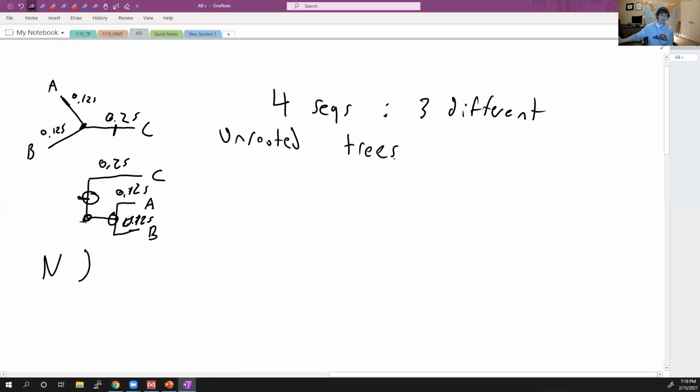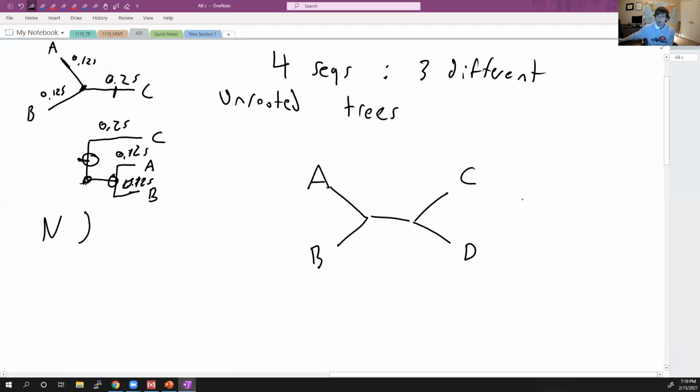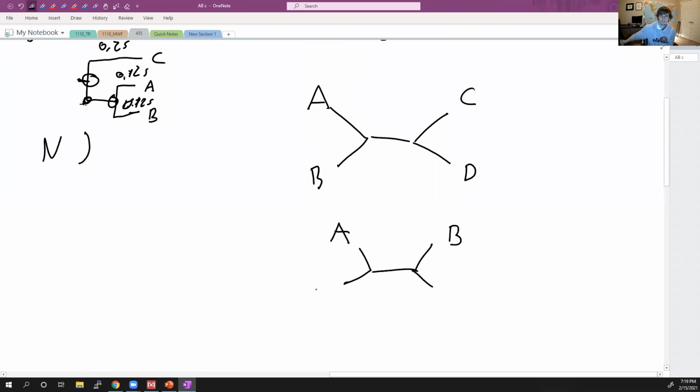Right? If we're ignoring the data, if we're ignoring pairwise distances, and we just have 4 sequences, A, B, C, and D, that will reflect an unrooted tree. And so from 4 sequences, that's one possible tree that we can build. We can also see another, and lastly a third.